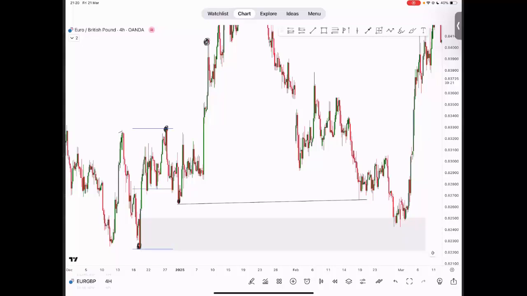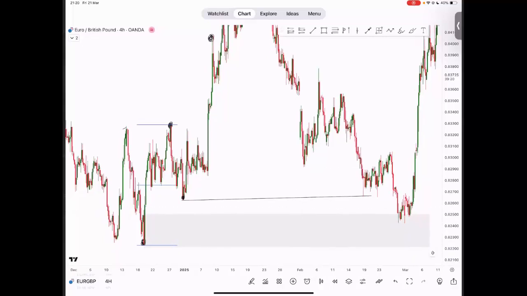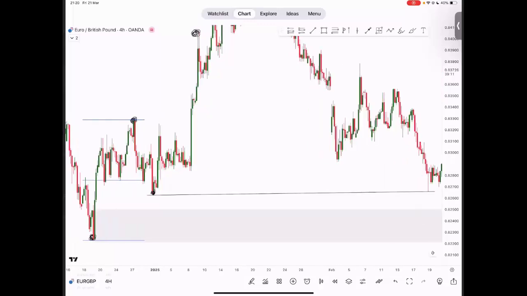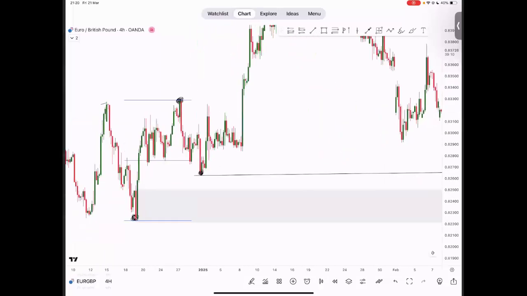But if you look very clearly, what happened? This particular inducement, if you can see very clearly, this inducement did what? It pulled back into 50%. This is 50% from the low to the high of consideration. And what happened? You can see that our inducement pulled back into 50%.